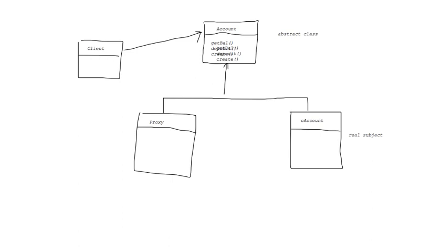And when we come to our C account class, the real subject, we implement these in full. To get balance, the full implementation is there. To deposit, yes, we have the full implementation, and create account, we have the full implementation of that feature.